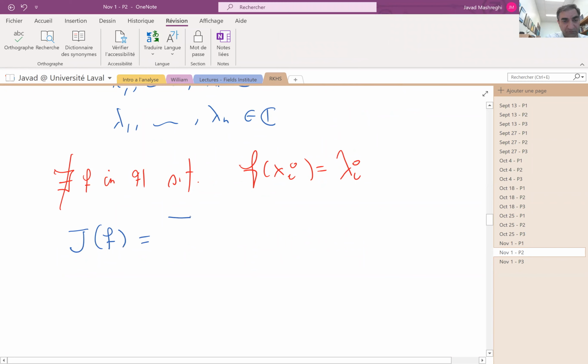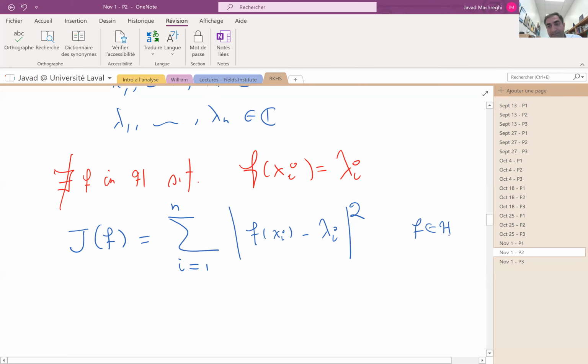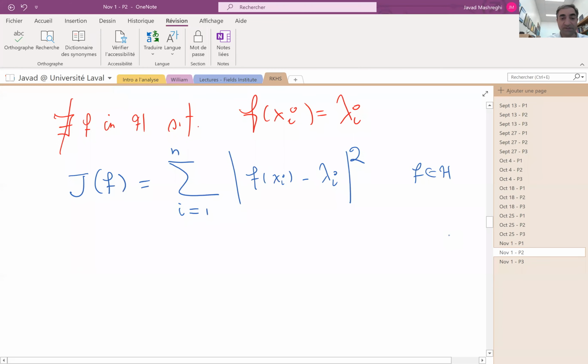J of f is equal to the sum, i from 1 up to n, of the absolute value squared of f at point xi minus lambda i, for f in H. The ideal is to have f such that each component on the right side is 0, so the sum is 0 and J of f is equal to 0. That's the ideal solution.